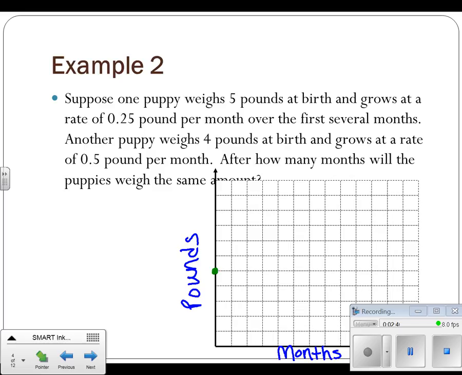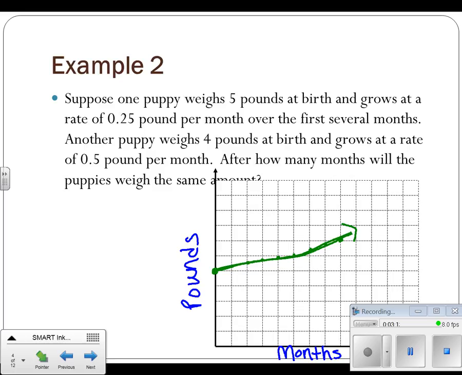And after a month, 1/4 pound, another quarter, another quarter, another quarter, and a full pound here. And so that would be our graph for the first puppy, and that should be a straight line right there. There's a little dip in there, but you get the idea.